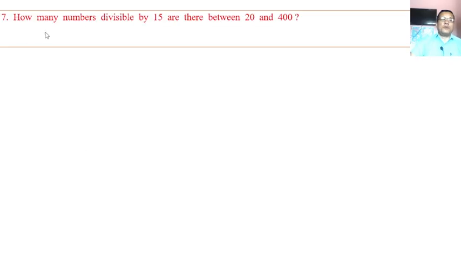Question number 7. How many numbers divisible by 15 are there between 20 and 400?